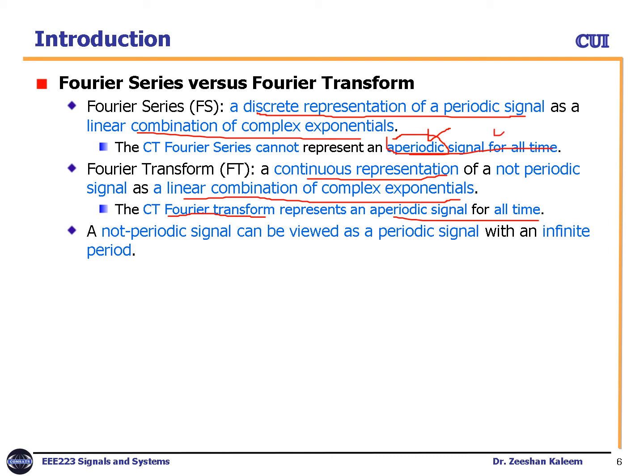So a non-periodic or aperiodic signal can be viewed as a periodic signal with an infinite period. As I already mentioned, if you have a non-periodic signal, we can still name it a periodic signal, but the period will be infinite.